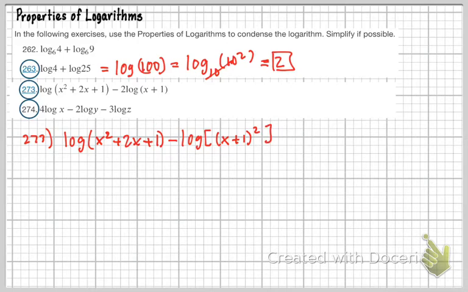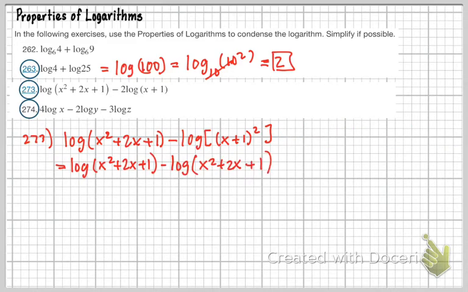And I don't know if you know this or not, but this is really log of x squared plus 2x plus 1 minus log of x squared plus 2x plus 1. Oh, I ran out of room. Plus 1.